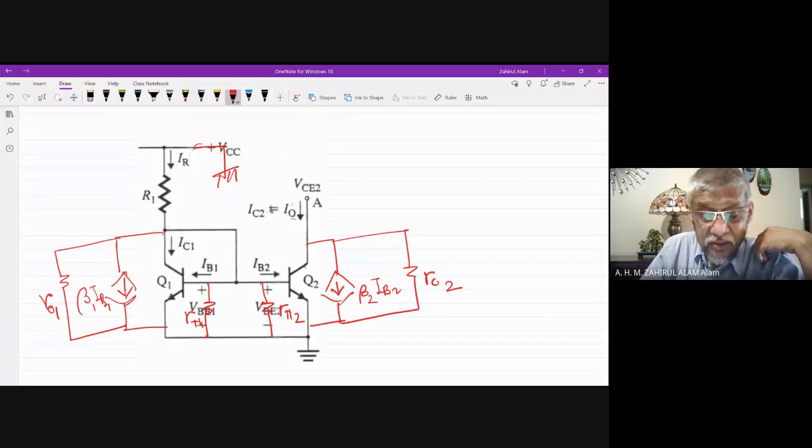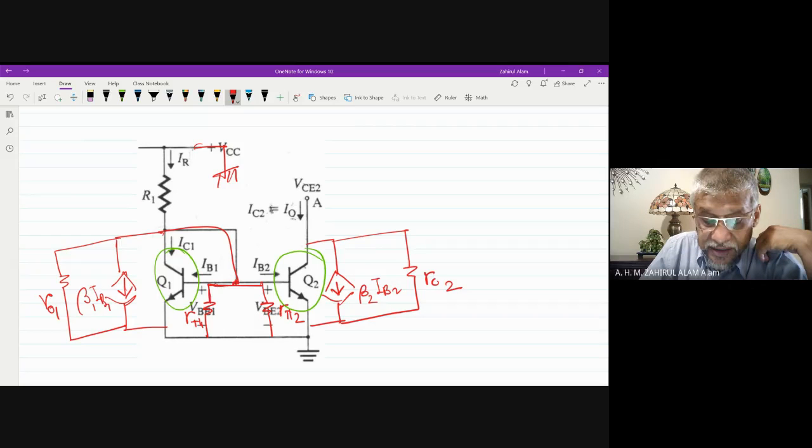Then after that we need to remove these inside components.